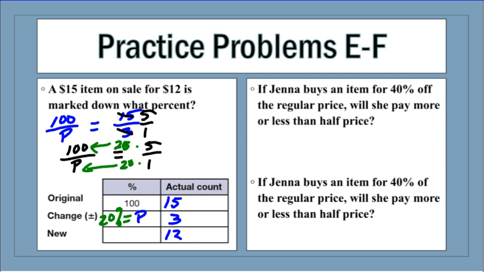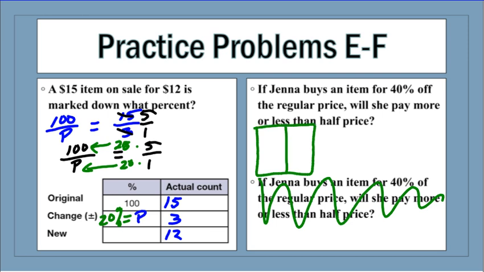And the last one, if Jenna buys an item for 40% off the regular price, will she pay more or less than half price? For this one, the problem is just duplicated, so we don't need to worry about this one. Let's create a ratio box. So 100% is up here. It's 40% off, so it's a minus 40%, which makes this a 60%.